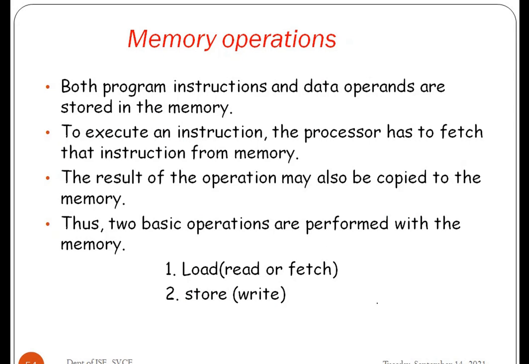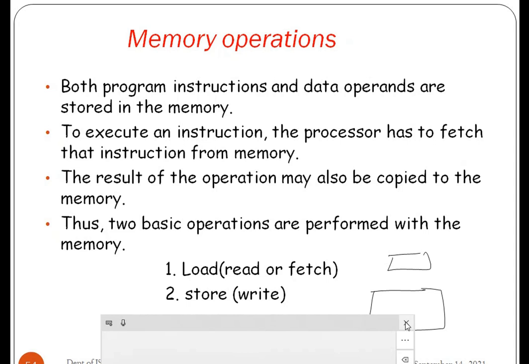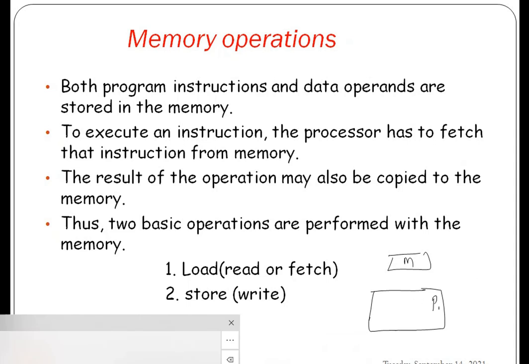Whenever the processor wants to, just recall the first topic, the processor and memory interaction. If this is the memory and this is the processor, and the processor wants to execute the program, it has to fetch the instruction from memory to the processor.